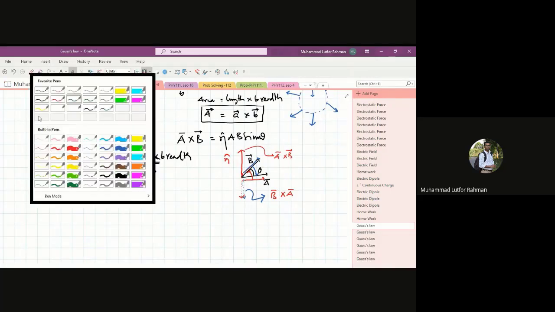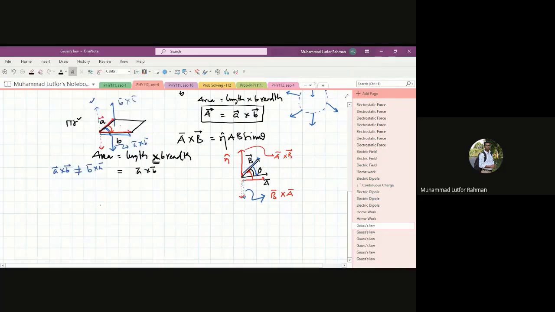That's why when you write that phi, the electric flux, which is a scalar quantity, is E A cos theta, theta must be the angle between your area vector and the electric field. Say I'm considering this case. Say this is my area.